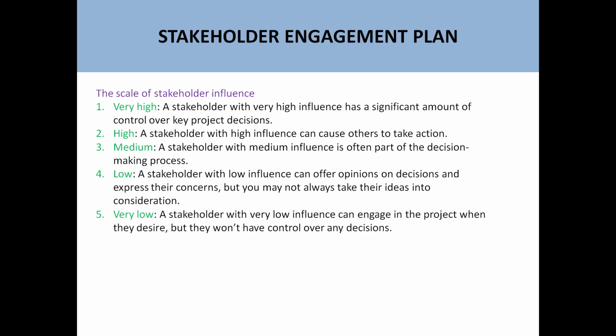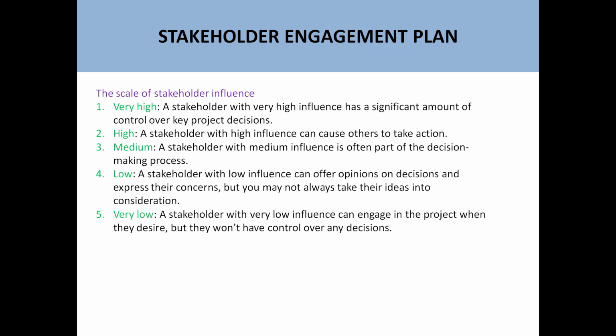Scale of stakeholder influence: very high means they have a significant amount of control over key project decisions. High means a stakeholder with high influence. Medium means they are often part of the decision making process. Low means a stakeholder with low influence can offer opinions on decisions and express their concerns.